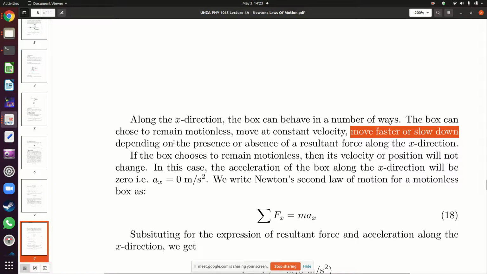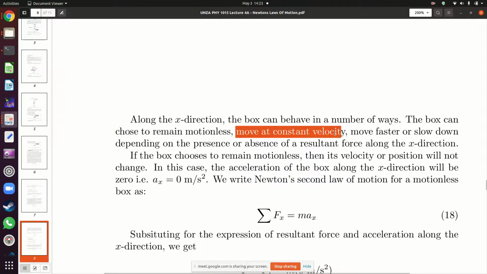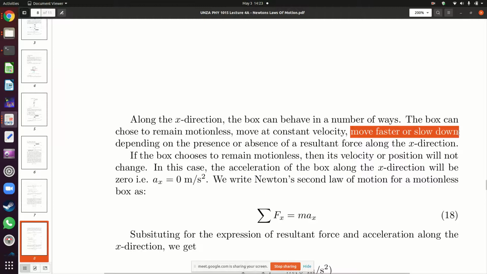In the first two cases, where the box remains motionless or moves at constant velocity, the acceleration along the x direction is equal to 0. If your box moves faster or slows down, then there's acceleration there.